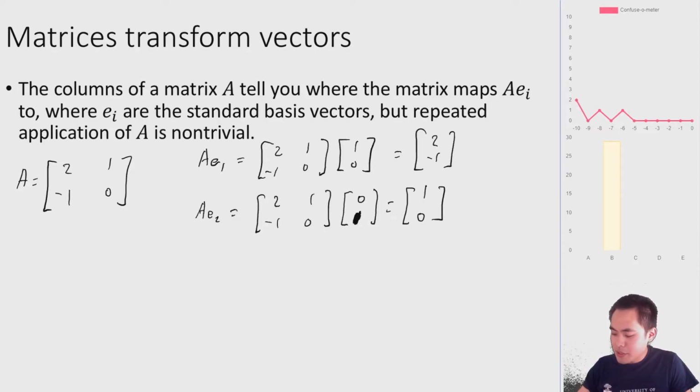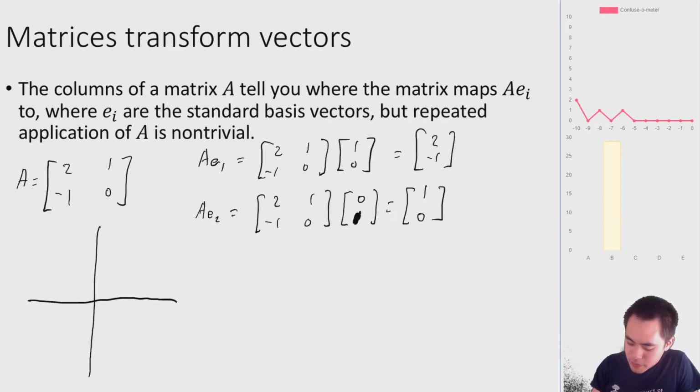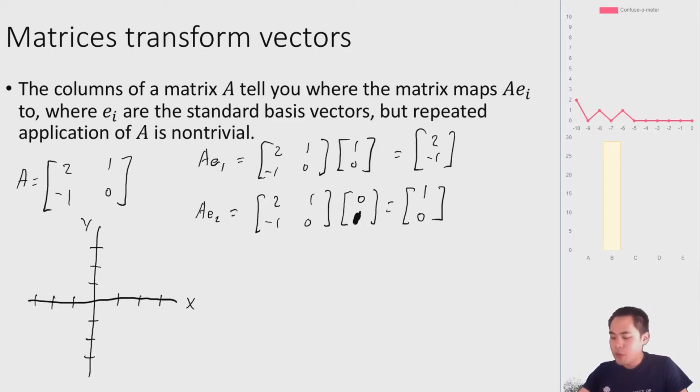So let's graph this out. Where do these things go? If we're on the 2D plane, with x and y axes marked 1, 2, 3, let's start with this blue vector, [0, 1], which maps to [1, 0], our second column.